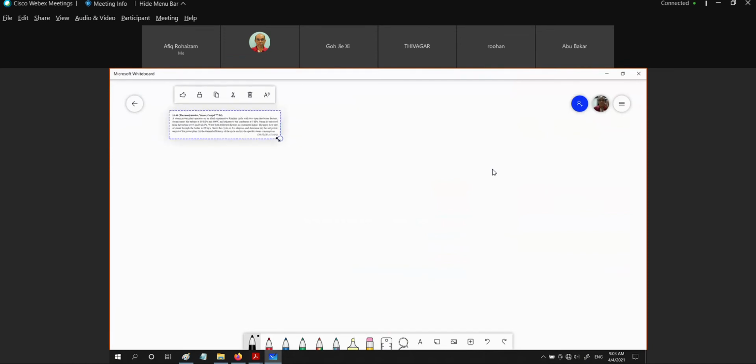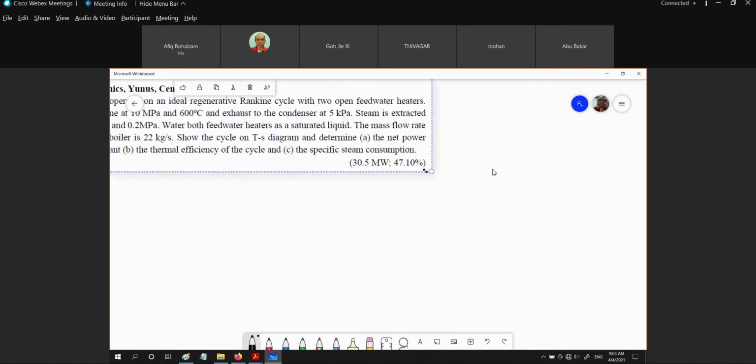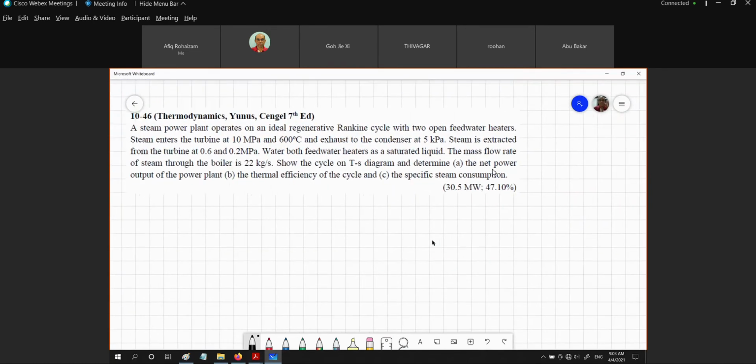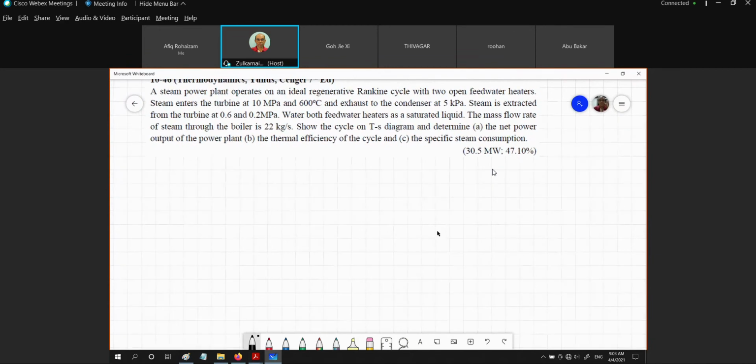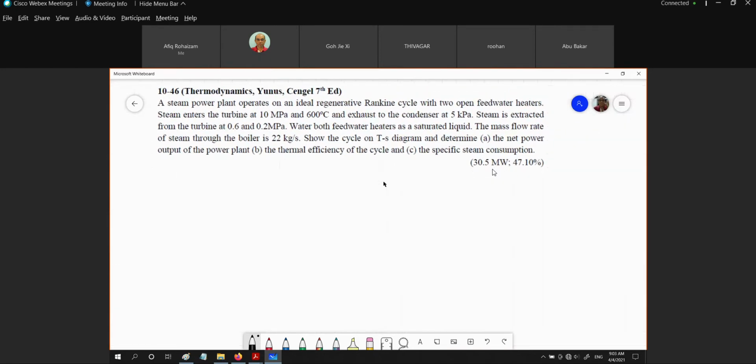Okay, this one. This is involving mass flow rate. A steam power plant operates on an ideal regenerative cycle with 2 open feed water heaters.